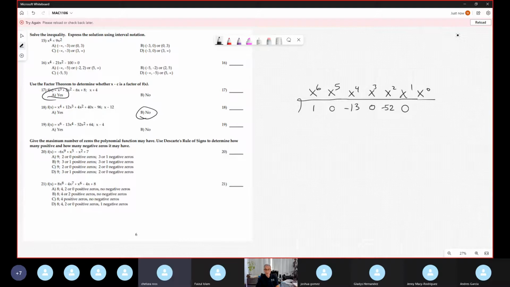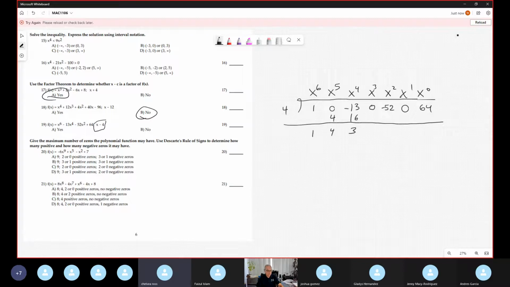And 64. Here you need to verify the factor x minus 4, so you put positive 4. Remember, important, in synthetic division you put the opposite sign to the factor. The factor is minus, you put positive, because this actually is the 0, no? Bring down 1, multiplication 1 times 4 is 4. 4 plus 0 is 4. 4 times 4 is 16.